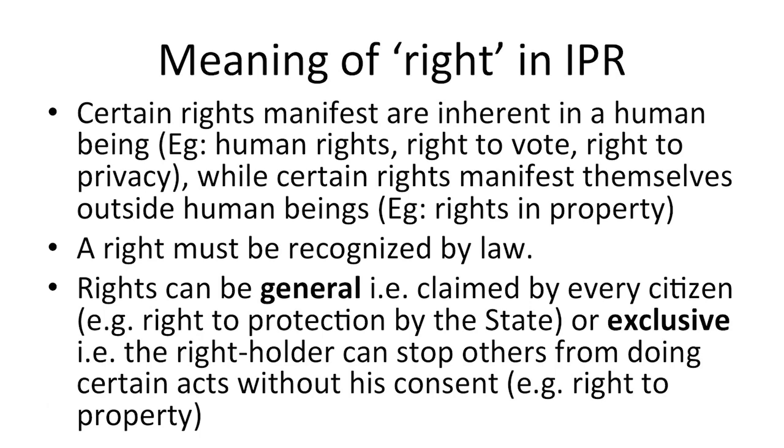If you own a book, you have the right to exclude people from reading that book or from looking into that book or from using that book in any way. So exclusive rights are rights which confer the ability on a person to stop others from doing things without his consent.